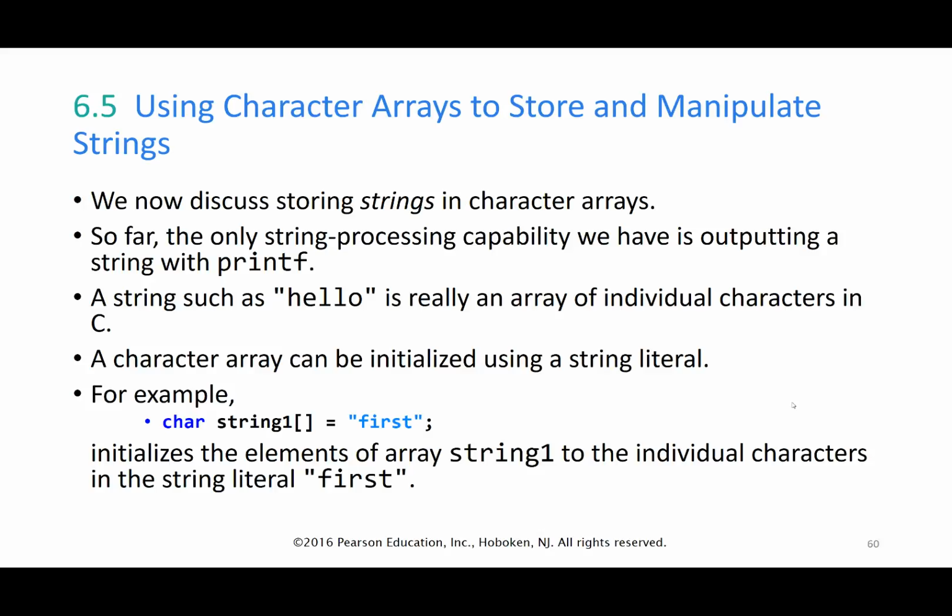Again, strings are character arrays. Char is a type between 0 and 255, right? And the type of data stored in a string is an array of characters. Now we can define them as a string, and C will automatically define that for us as an array of characters, or we can define it as an array of characters ourselves.